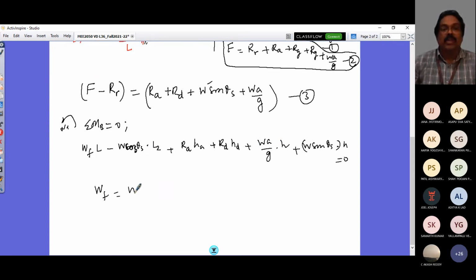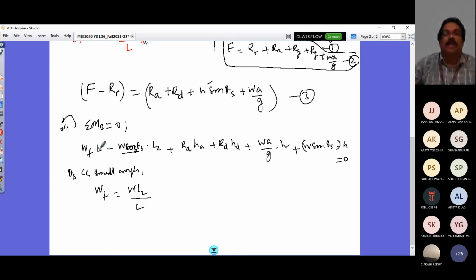The first term is going to be WL2, and considering theta S is a very small angle, cos theta S is going to be 1 and sin theta S is theta S. So this term is going to be WL2 by L, because I take this L down and take all this to the other side. Next, from equation number 4, I get equation number 5.